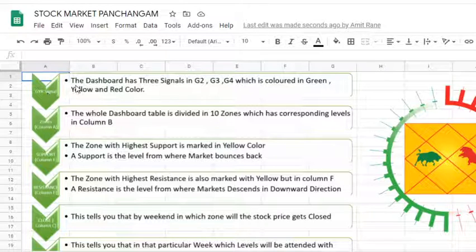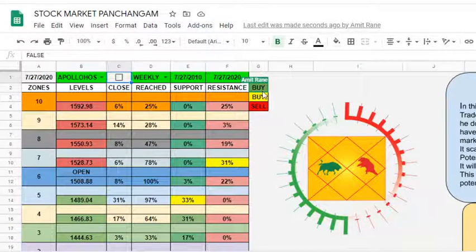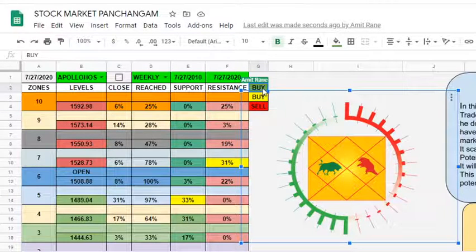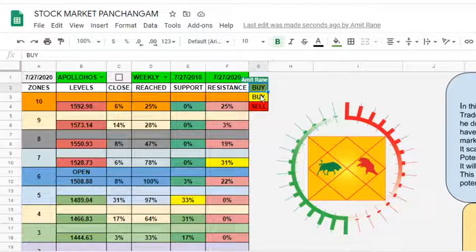GYR signal: the dashboard has three signals in G2, G3 and G4, colored in green, yellow and red. If you come to the dashboard, you can see these signals, that is the green signal, yellow signal and red signal.